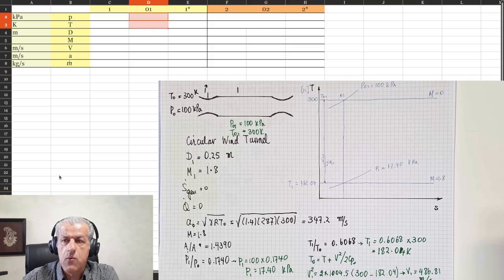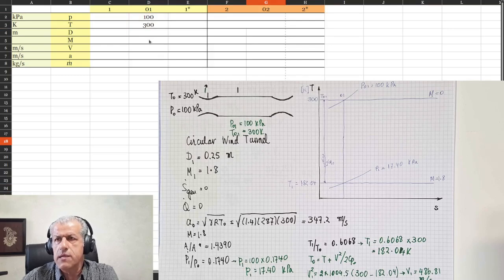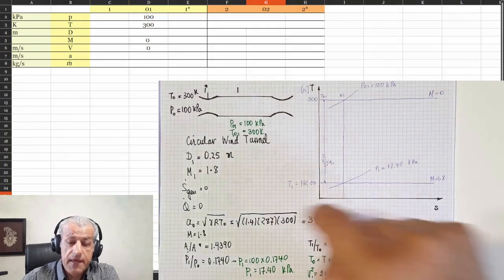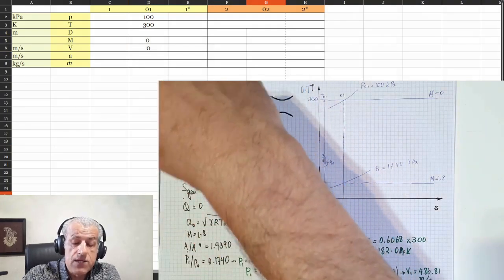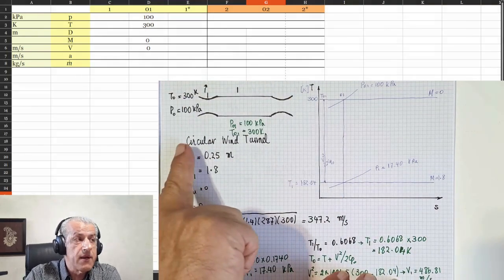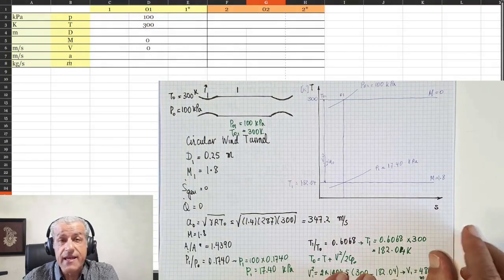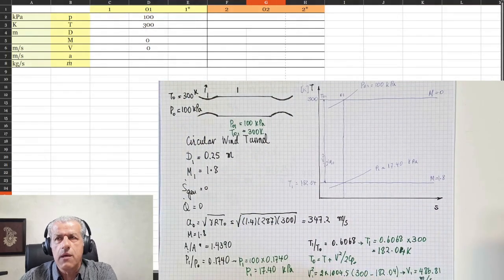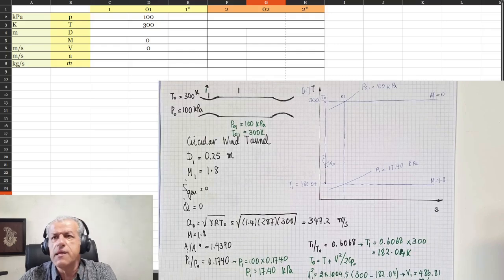That was what was given to us to start with. The diameter would be meaningless since Mach number and velocity are both 0, and when there is no velocity, it means that we have selected the largest possible area where the Mach number or velocity is negligible. So diameter here would be meaningless.